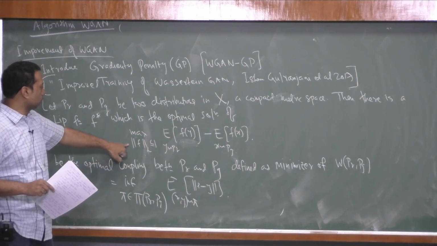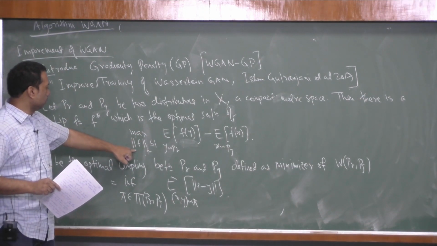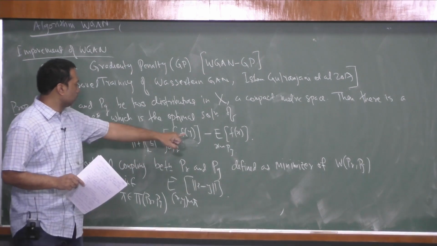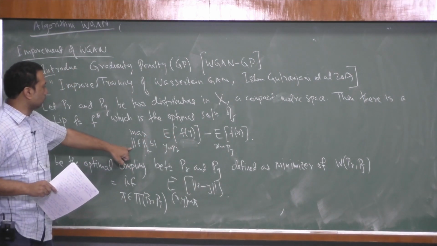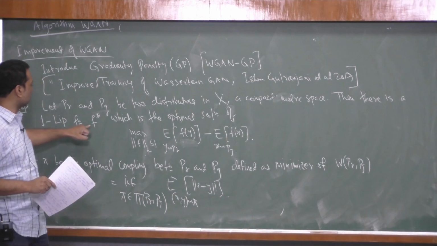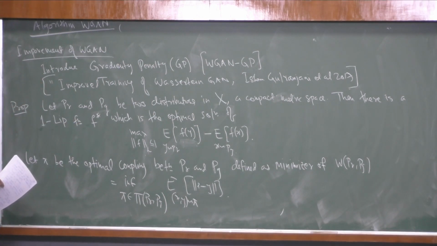It's not like we are assuming this. That's fine, because we are looking for the maximum over 1-Lipschitz functions, and then the existence is there.